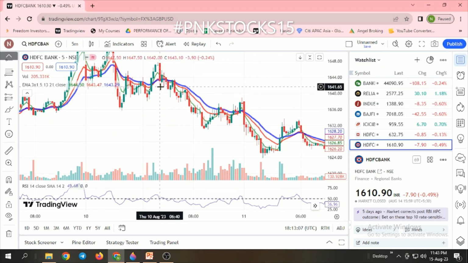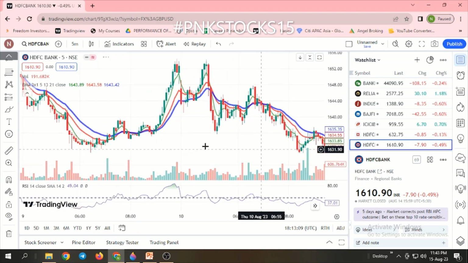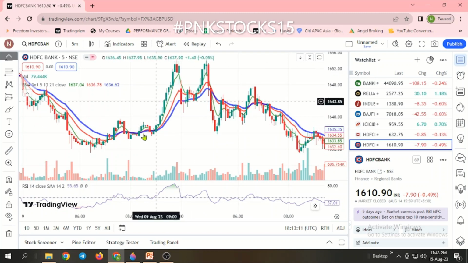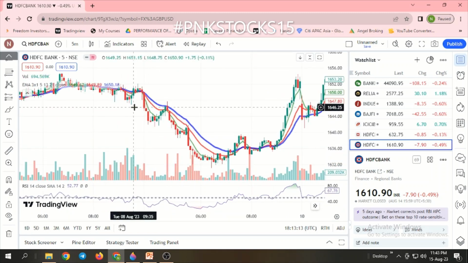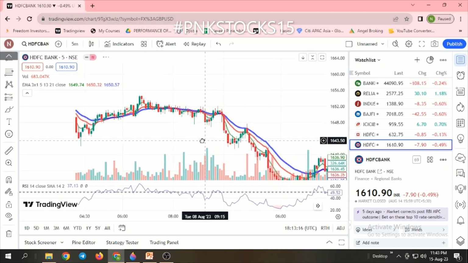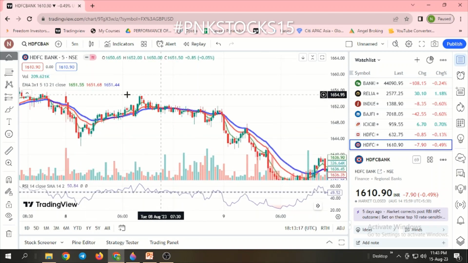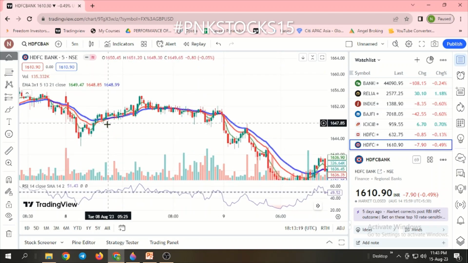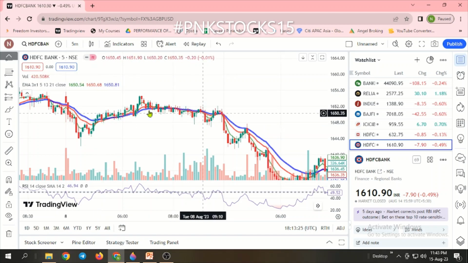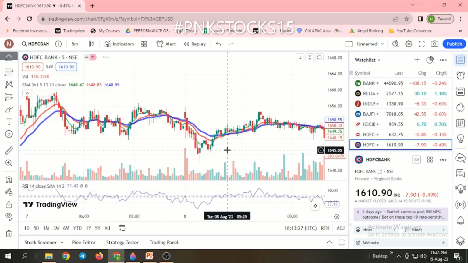Entry profit, entry profit, entry profit, entry profit. These are all no trading zones because even in 5 minutes also each candle either body or wick touching all three EMAs. So no trade at all.